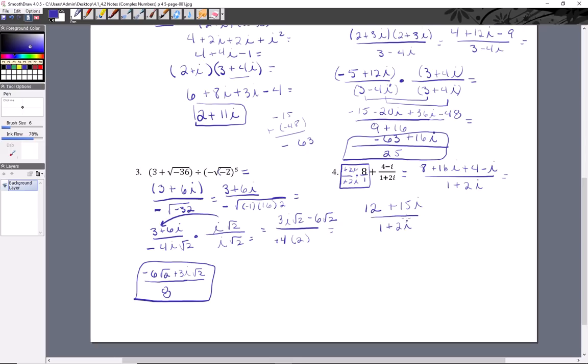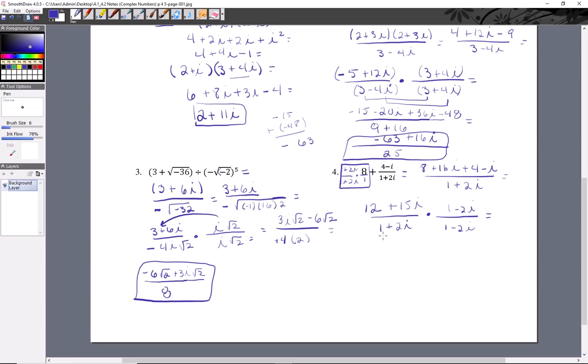All right? And that means that we are going to have to rationalize that denominator, because no i's allowed in the denominator, no radicals in a denominator. So the conjugate for that will be 1 minus 2i over itself.